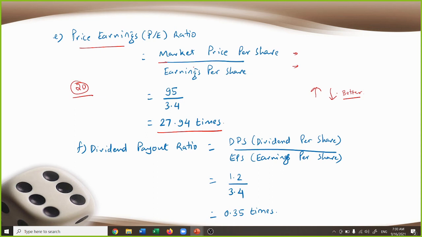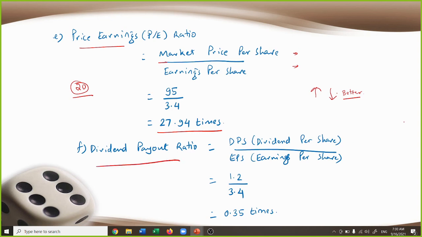However, if the company is good and all other indicators are good, then lower is better. You have to keep in mind that most of the ratios are higher is better, like earnings per share. Market price per share to earnings per share is the price earning ratio, which is lower is better.